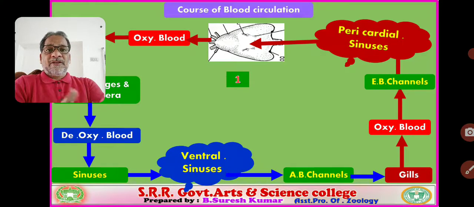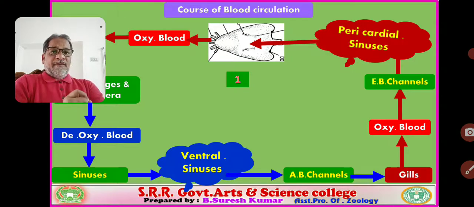There it undergoes purification, and after purification the oxygenated blood from the gills is collected by efferent branchial channels. From the efferent branchial channel the blood is pumped into the pericardium, and from the pericardium through the ostia it enters into the chamber of the heart, and the same core of circulation is repeated vice versa. So that is the mechanism of circulation in the circulatory system of the prawn.